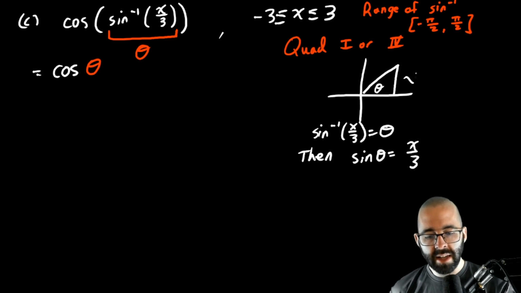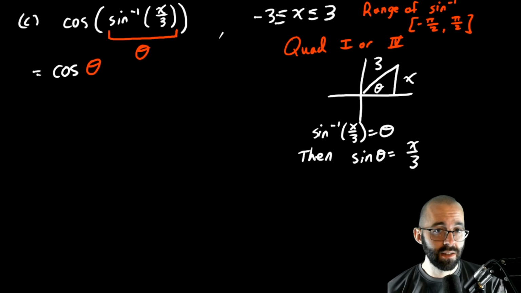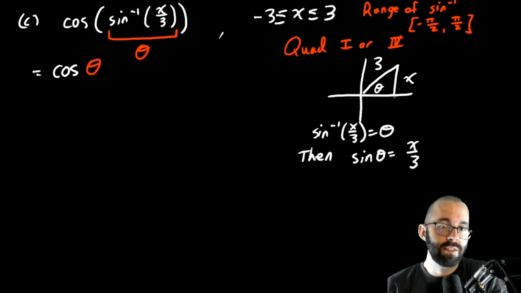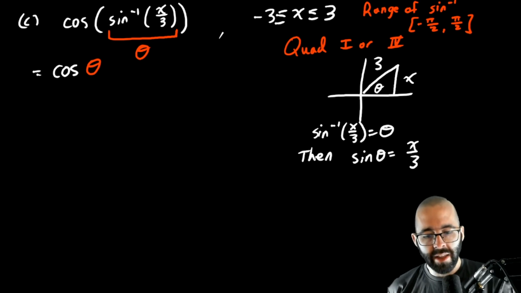I don't know the size of this triangle, but I know the ratios look like this. Maybe this triangle is twice as big, but the ratios are what we care about for trig, so we can draw a little dummy triangle. And I want to know the cosine of that angle. So I need to know what this is over here. We can call this A.